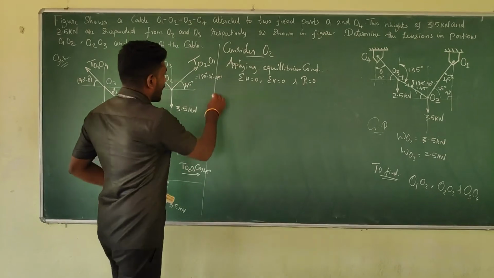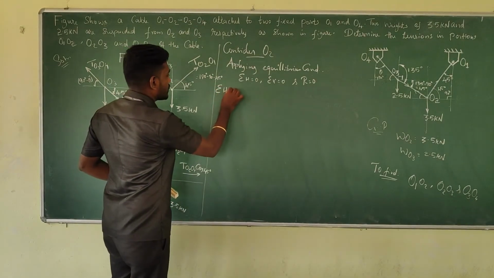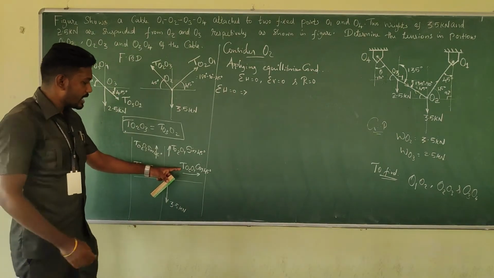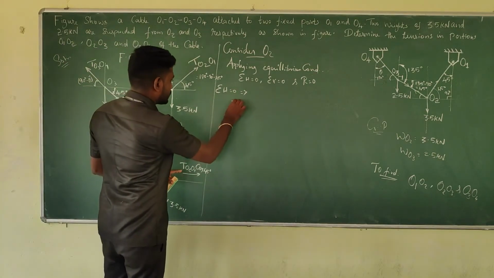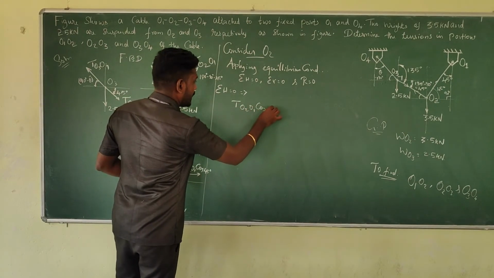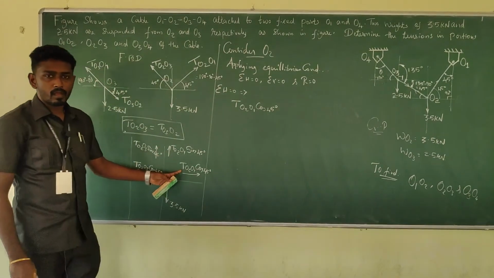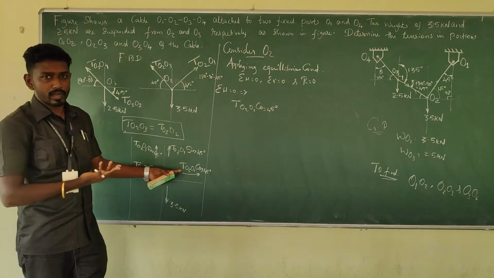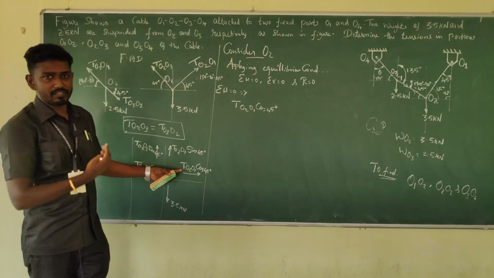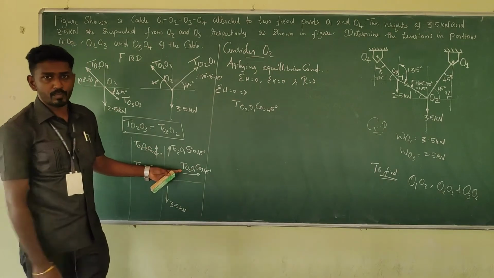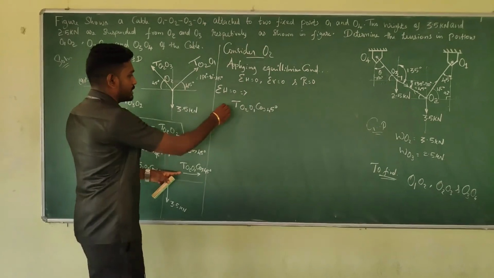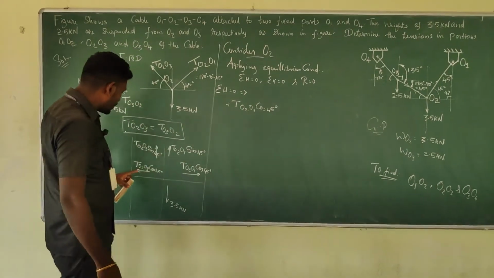Now just apply sum of horizontal force is equal to 0. What is happening? Just add all the horizontal forces. Here we have horizontal force TO2 O1 cos 45 degree. And what about the sine? When you are adding the horizontal forces, we must see whether it is going right side or left side. If it moves in the right side, then it is a positive. If it moves in the left side, it's a negative. It is moving in the right side, so it is a positive one. What about the next horizontal force?